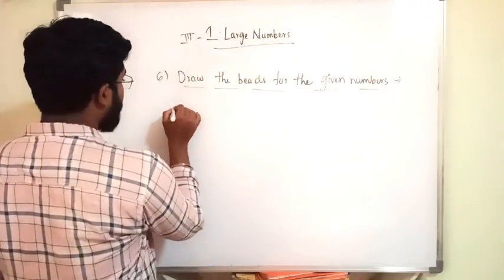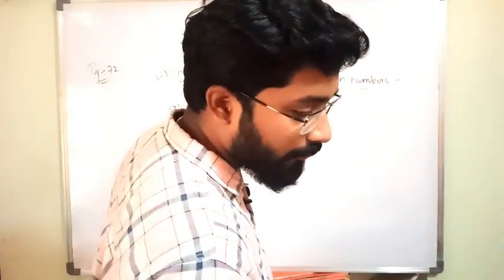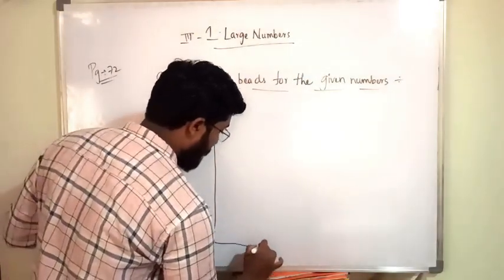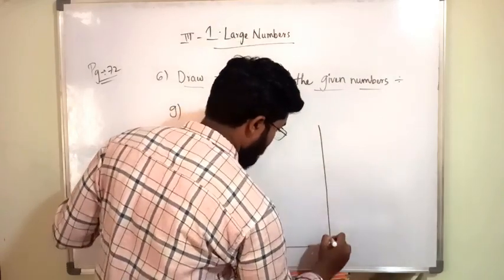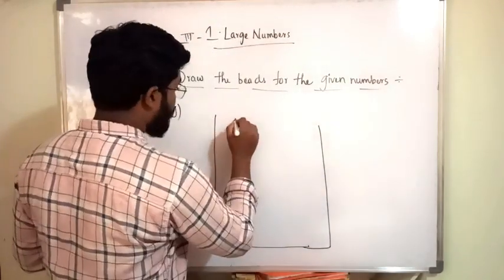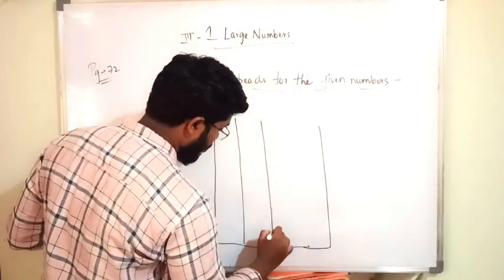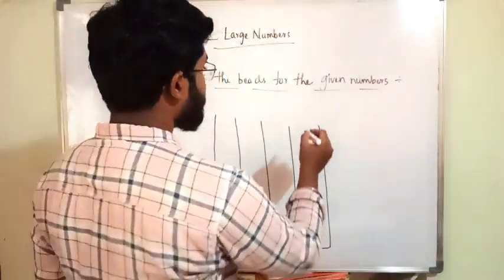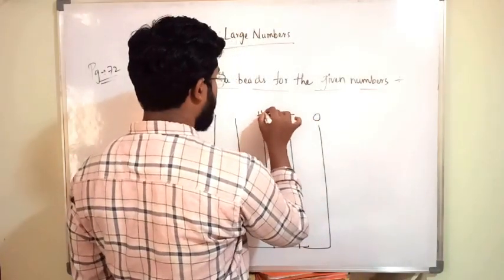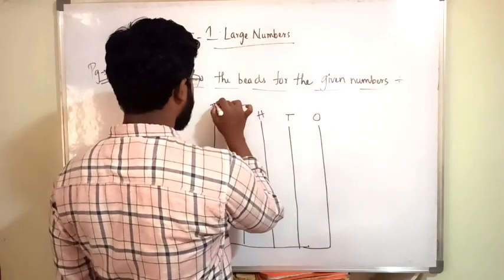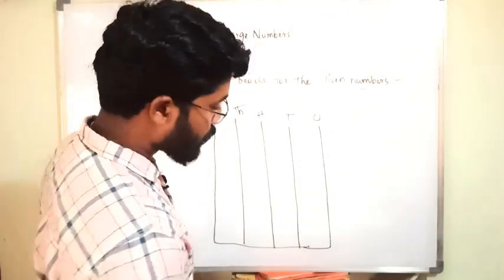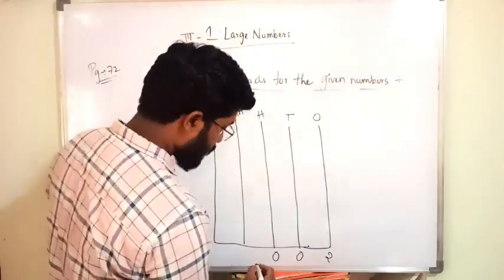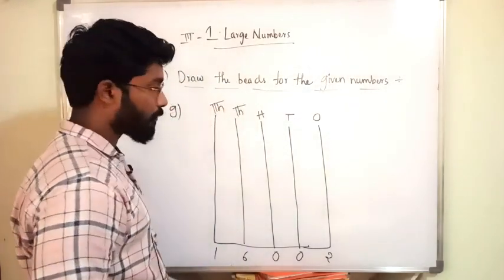Next one is G. For this also, how many rods are there? 5 rods are there totally. 1, 2, 3, 4, 5. So ones, tens, hundreds, thousands, 10,000s. So 2, 0, 0, 6, 1.